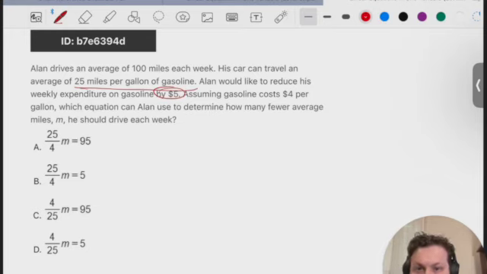Alan drives an average of 100 miles per week. His car can travel an average of 25 miles per gallon. So, if you want to spend $5 less on gas a week, you need to use up, let's say, 5/4 less gallons of gas.